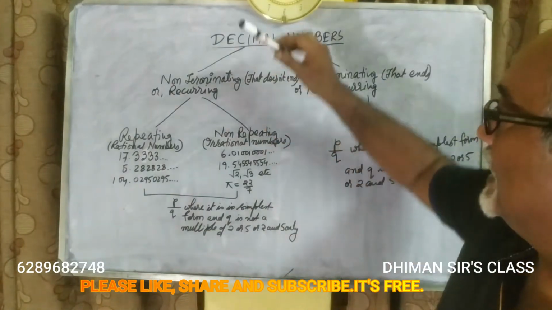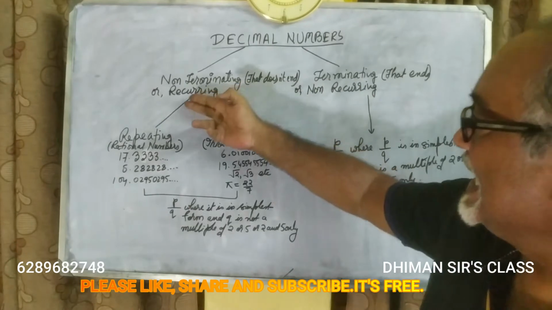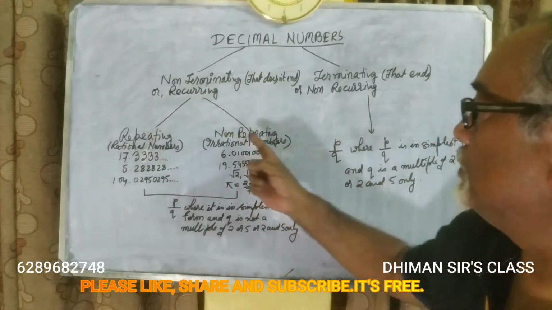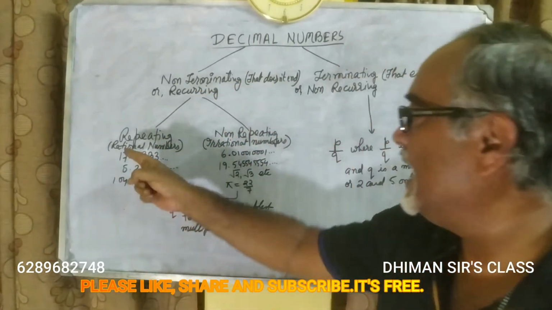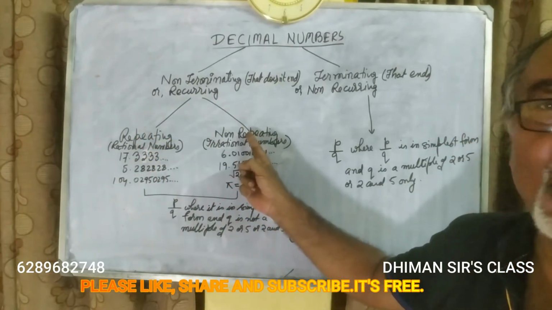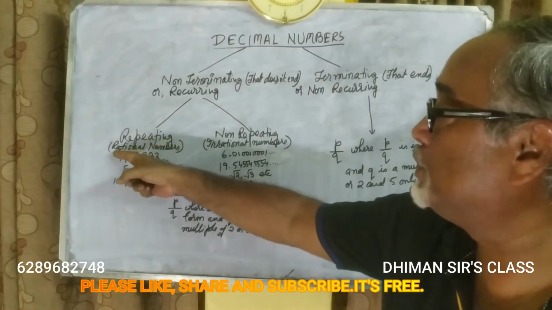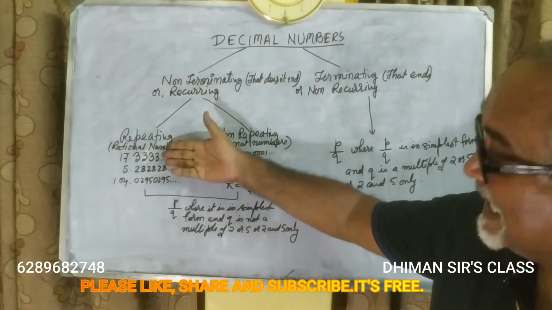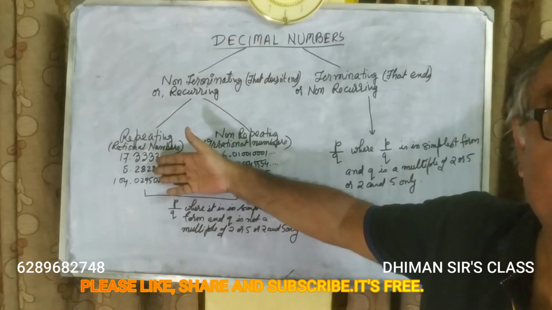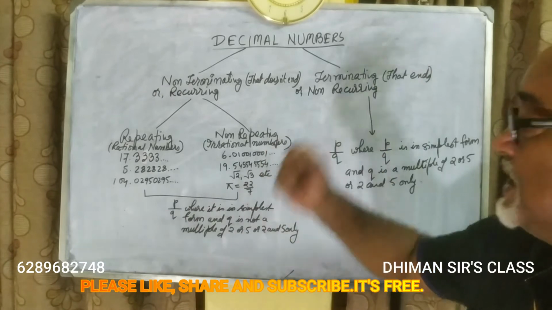So now here in non-terminating, again we can divide the decimal numbers into two types. One is repeating and the other one is non-repeating. Here these repeating numbers can be converted into rational numbers, but the non-repeating ones cannot be converted into rational numbers.